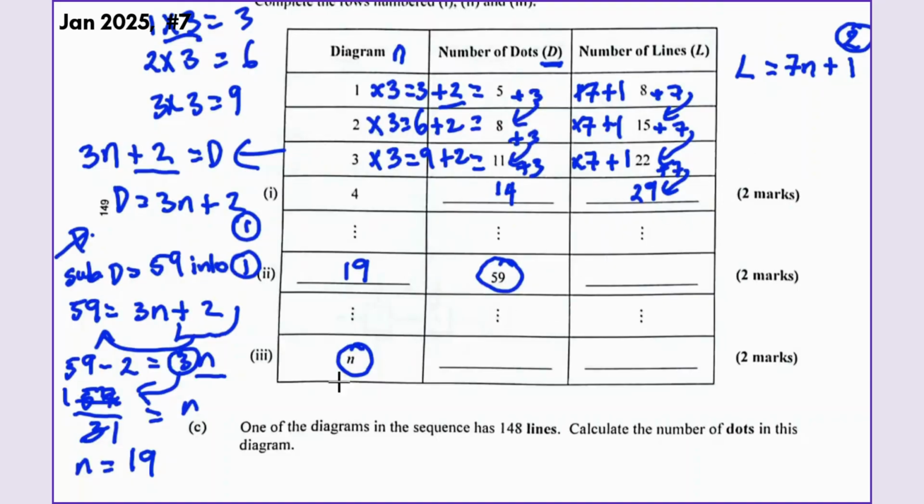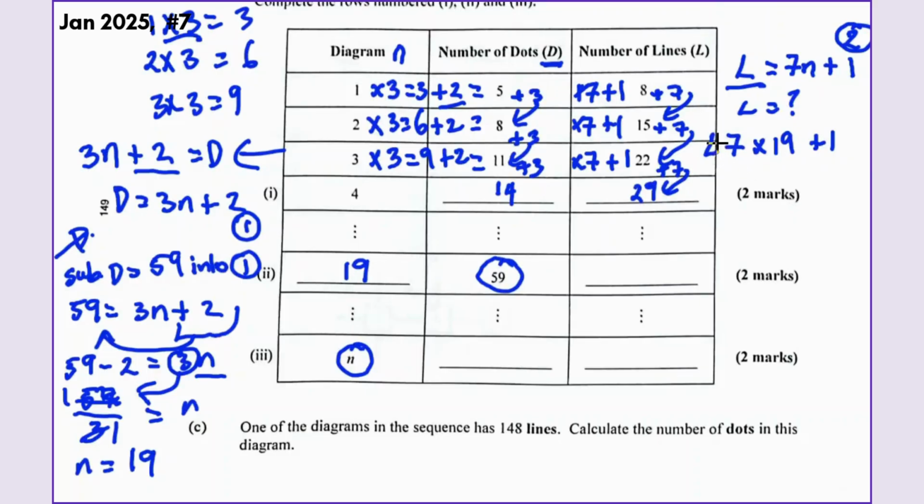So now we have n, but we need to find the number of lines L. And fortunately we have this handy equation right here, and what we're trying to find here is L. So what is L in this case? So we just substitute now our value of n, which is equal to 19, and then we add 1, right?